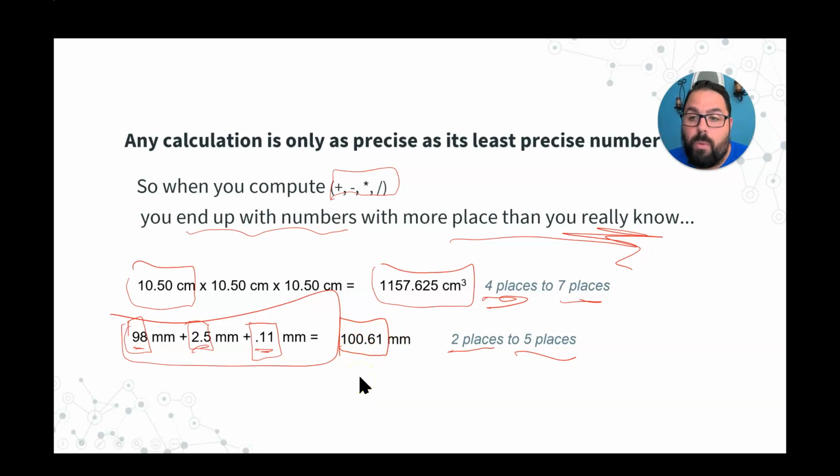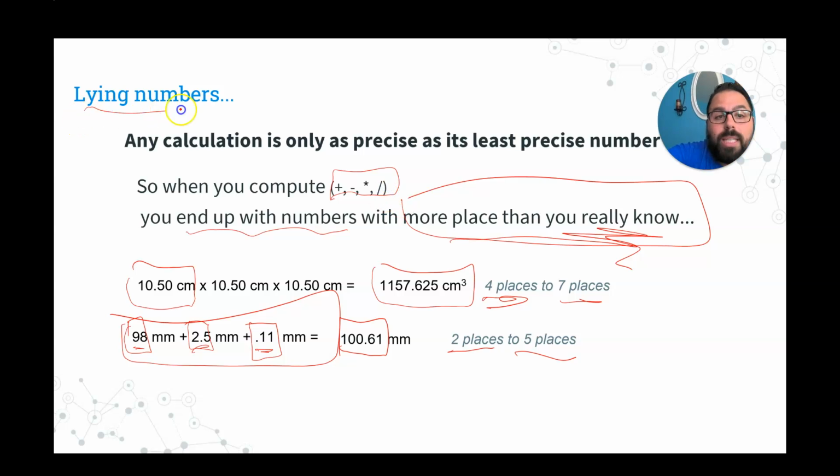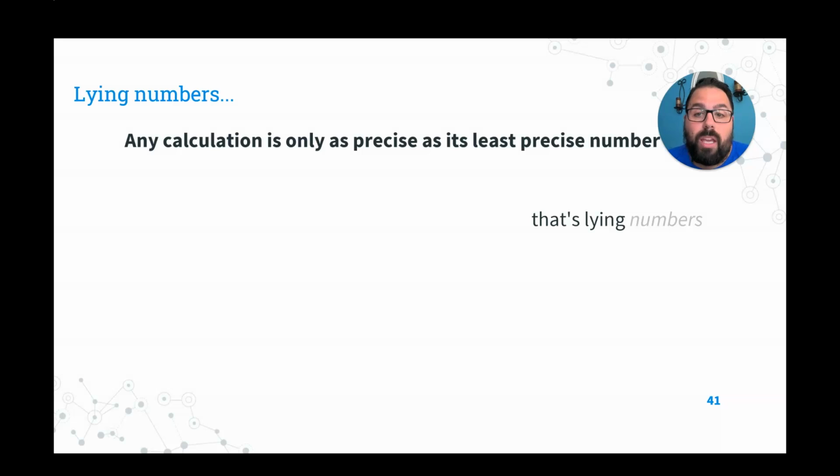But we want to make sure that we are being as clear as we can be with how precise our numbers are. And this is where your calculations can give off the idea that you know more than you actually do. We just said you end up with more places than you actually know. So when we say lying numbers, that's what we're talking about.